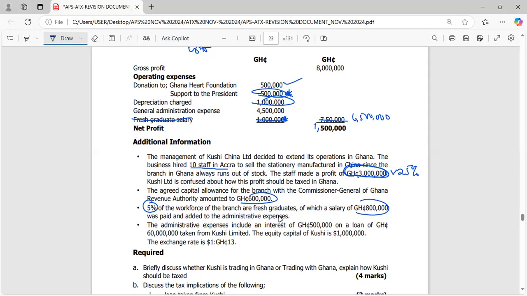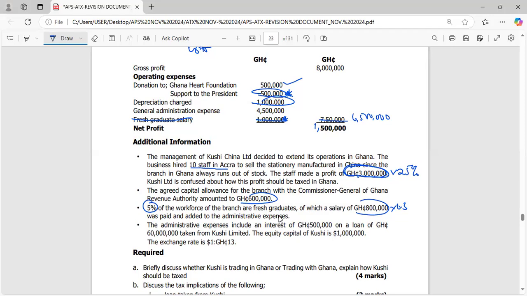Since it is exactly 5%, we use 30%. So 0 to 1 is 10%, 1 to 5 is 30%, above 5 is 50%. So 30% of the 800,000 will be given to them as an additional deduction.